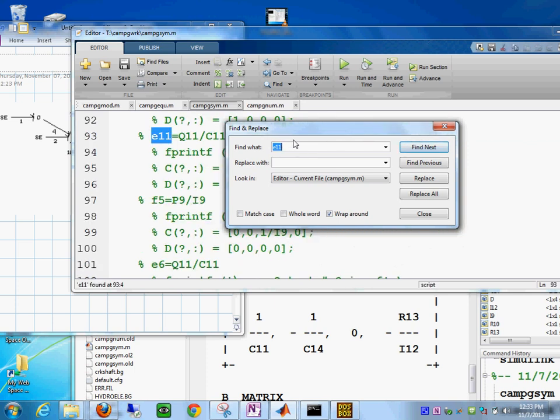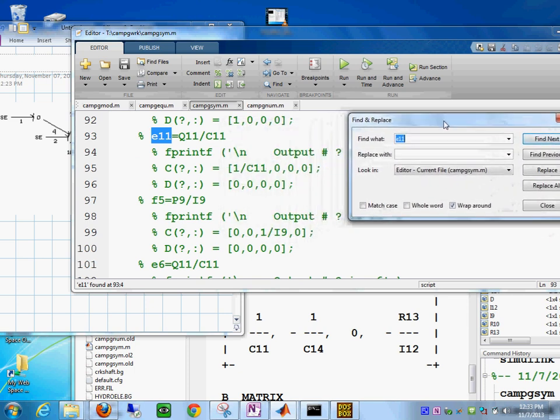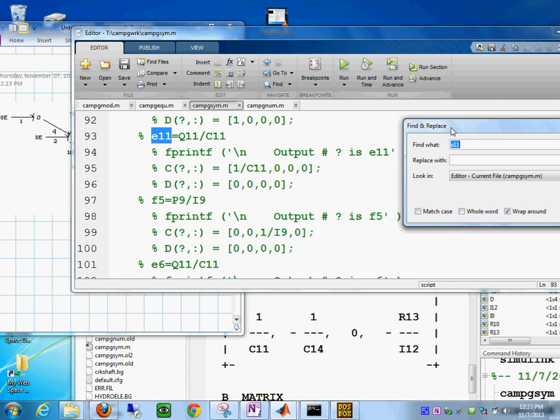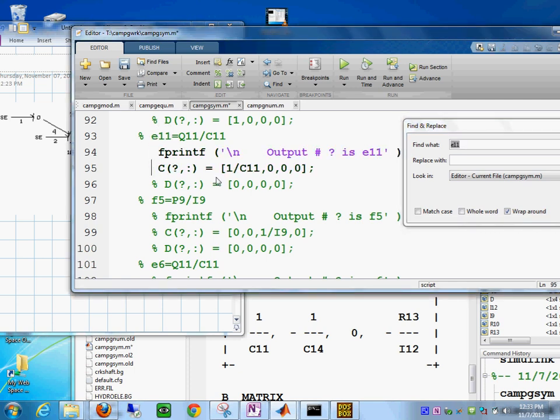So when I say this is E11, CAMPG produces outputs for every single effort and flow in the system. But if they are commented out, they are not active. So we are going to make them active and say, I'm interested in E11.